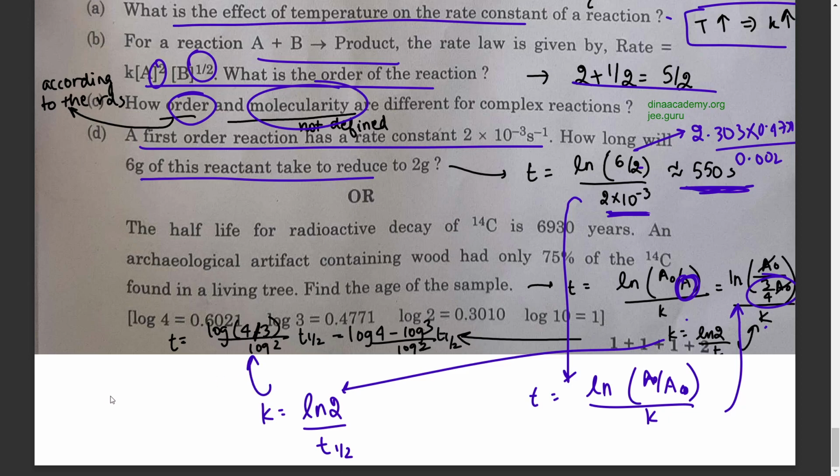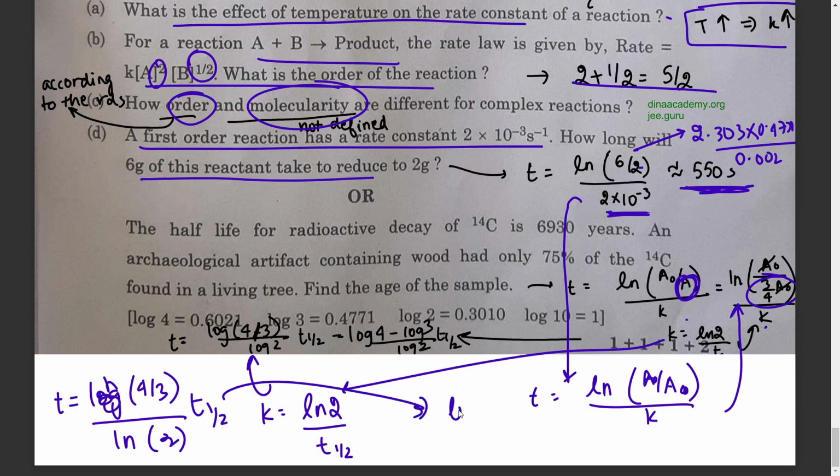So you write it here, and you get T equals natural log of 4 by 3 divided by natural log of 2 into half-life. And you can also write this as log of 4 by 3 divided by log of 2 into T half, since you can change the bases if you do them both at the same time.